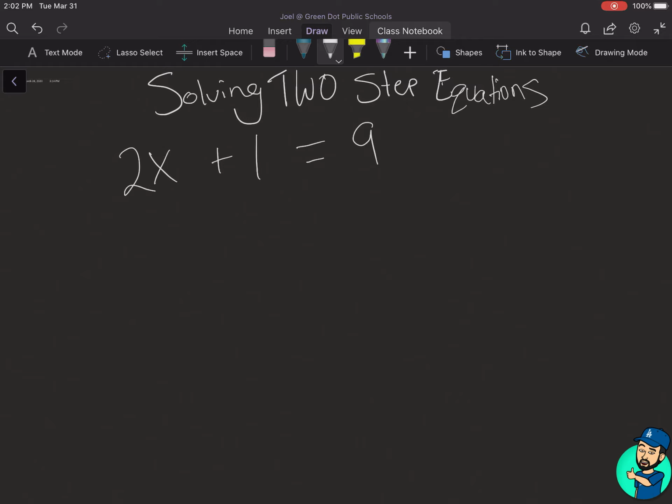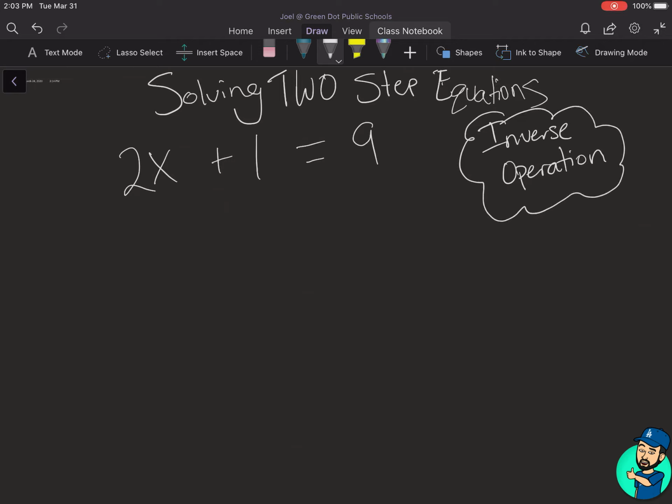Now, in one-step equations, the important part was learning how to use the inverse operation. Guess what? Solving two-step equations, you would need to apply the same rule using the inverse operation, which is the opposite operation.